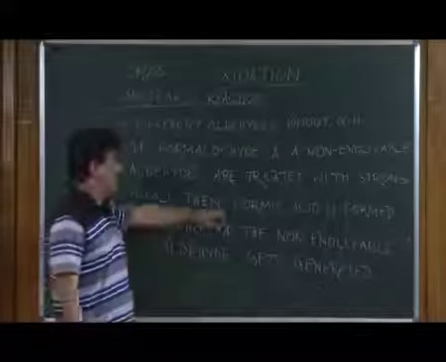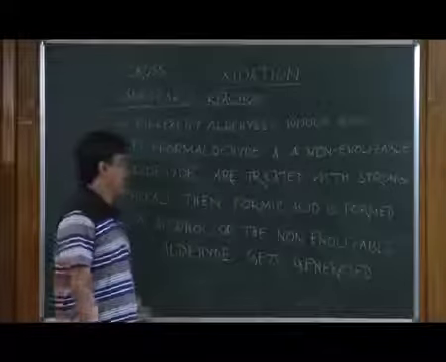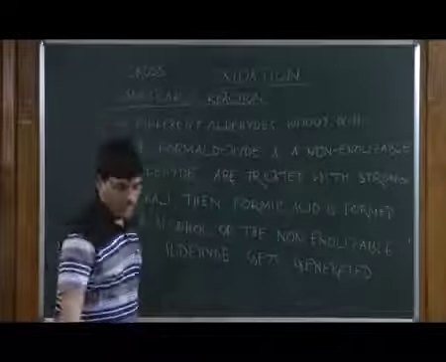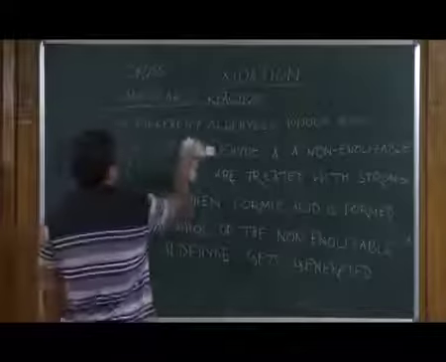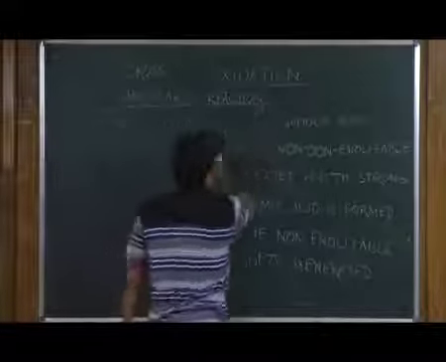So, selectively the formaldehyde gets oxidized, but the other non-enolizable aldehyde gets reduced. So, why is that? That we will see now, and also we will discuss the mechanism of Cannizzaro.